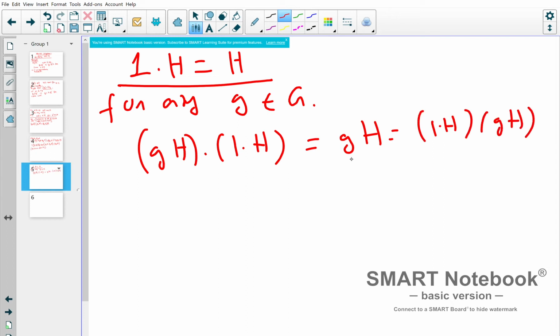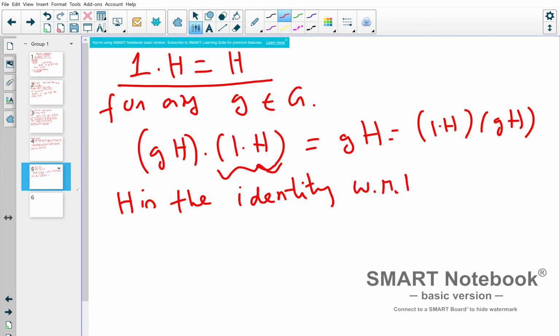What does that mean? That means if I operate with the element 1H or H, then that keeps the element the same. So this is working as an identity. So H is the identity with respect to this operation dot on the set G mod H.